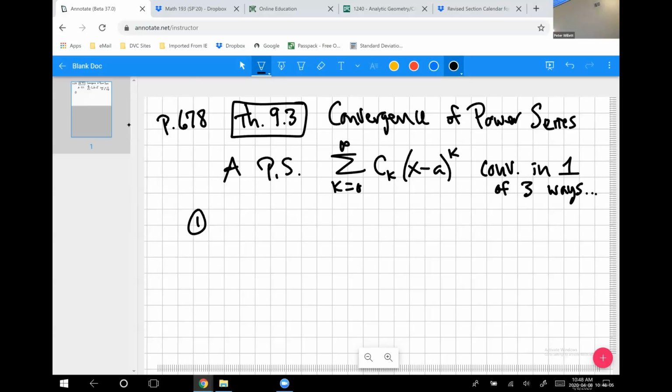So the first possible way is what we just saw in the example that we just did. One possible way that the series converges is that the series converges for all x.